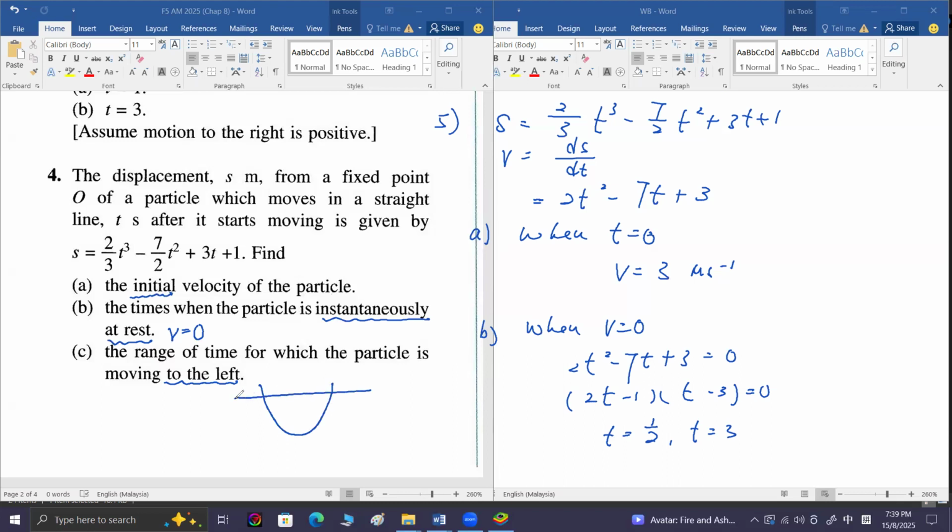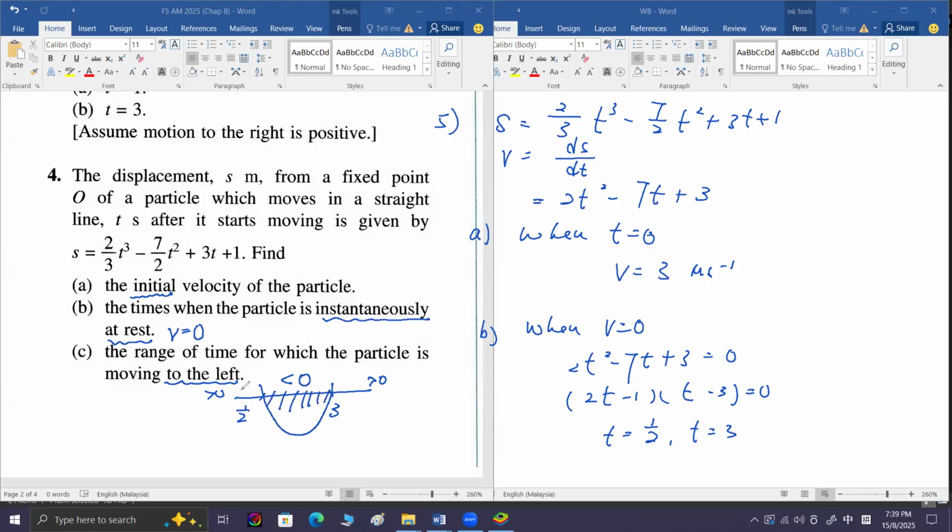I sketched the graph with the times 1/2 and 3. Remember I told you before, this part is a negative value and this part is a positive value. The question says to the left, which means negative value here.